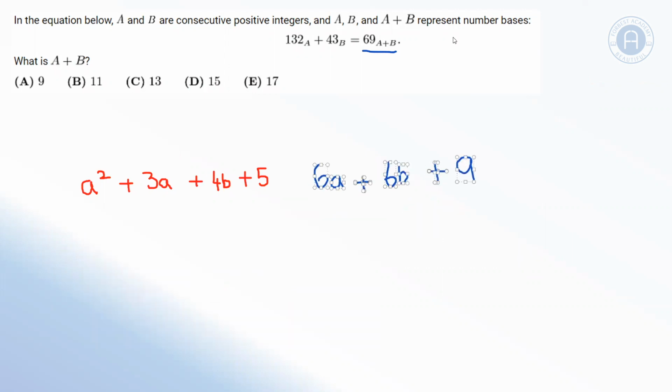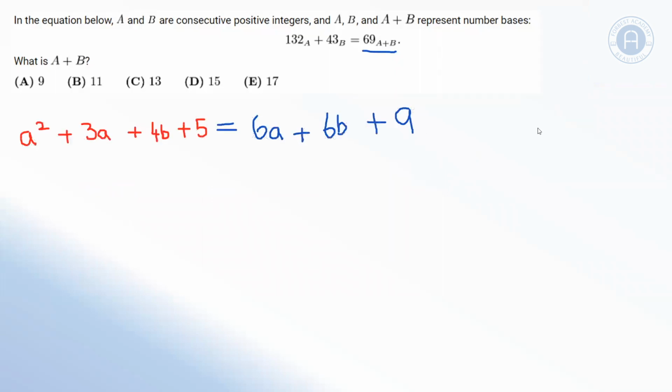The other key piece of information we've been told in this question is that A and B are consecutive numbers. So therefore we can write down that B must be 1 larger than A if they're consecutive. B is equal to A plus 1.